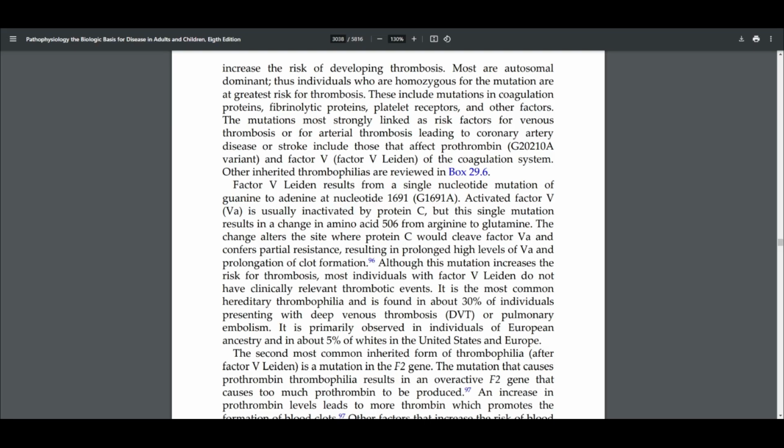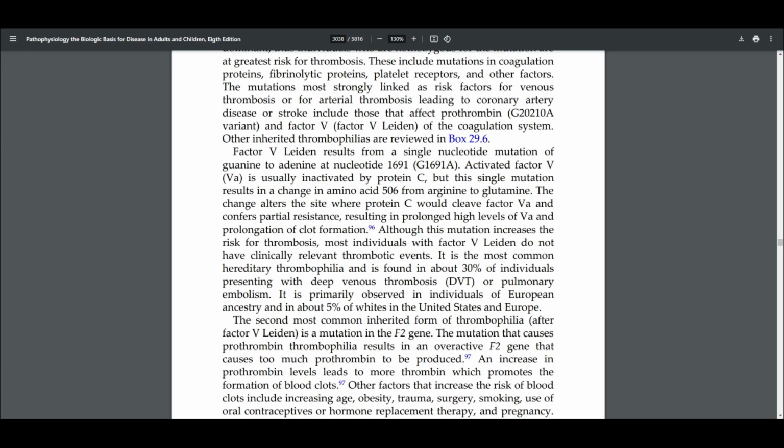The mutations most strongly linked as risk factors for venous thrombosis, or for arterial thrombosis leading to coronary artery disease or stroke, include those that affect prothrombin and factor V of the coagulation system. Other inherited thrombophilias are reviewed in the following box.